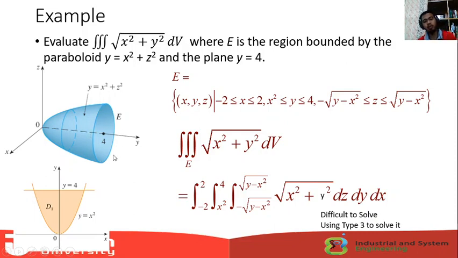Next, after that you have to change to x and z under this condition. So please try to use type 3 to solve this problem. Write your answer, and we will discuss the result using type 3.